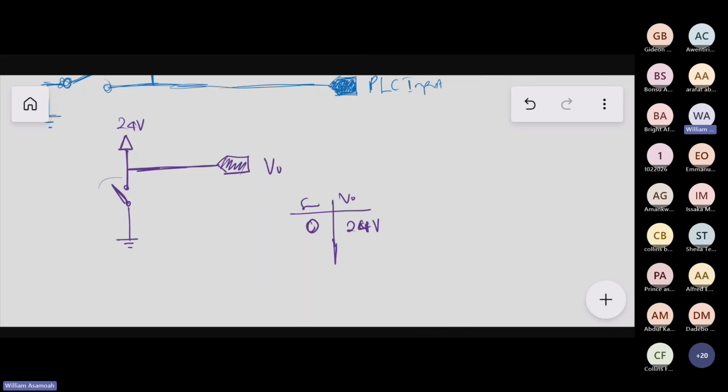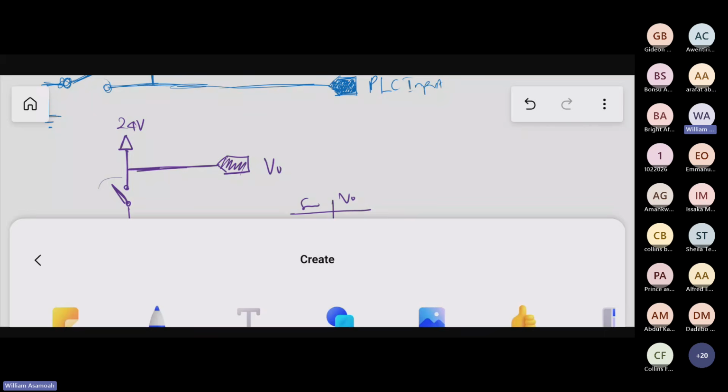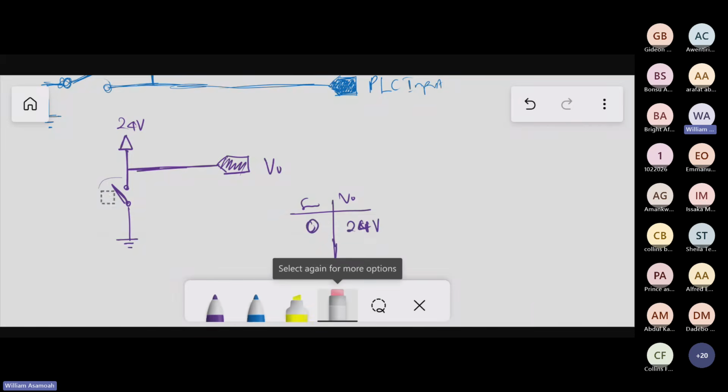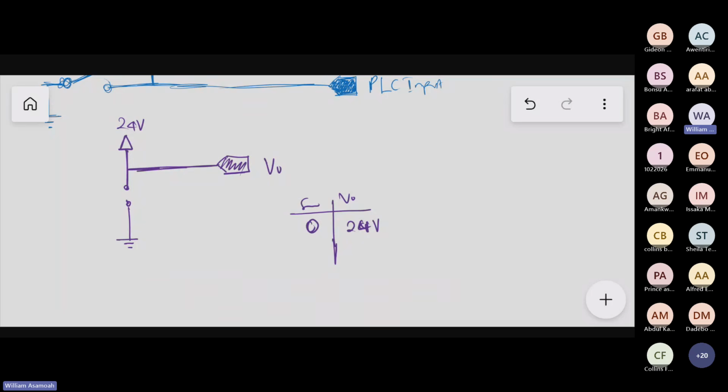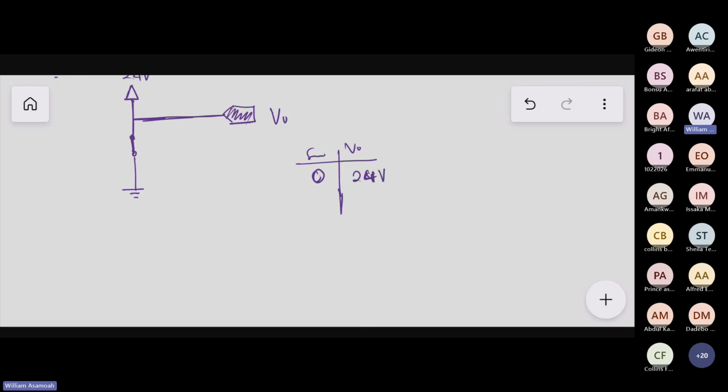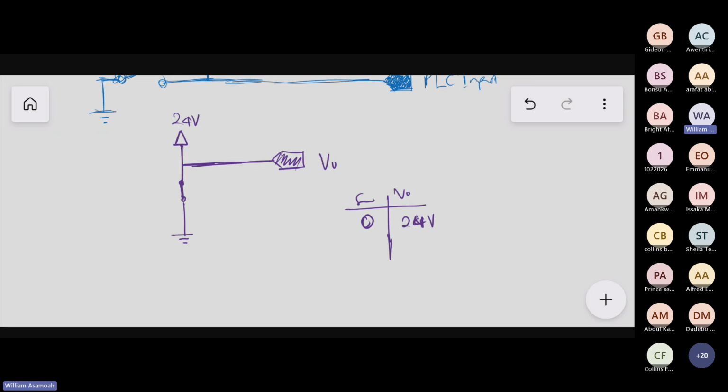Now, see what happens when we close the switch. When this switch is closed, what happens? The input is shorted. So it looks something like this. We have 24 volts here. That goes to ground.